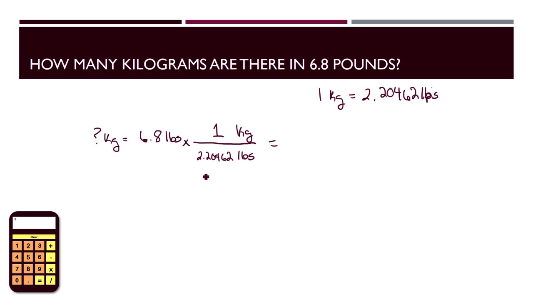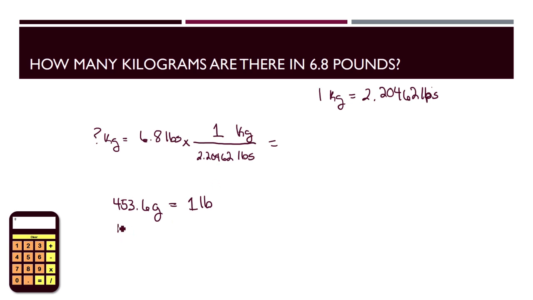Well, let's do it one other way. Let's say we weren't able to find this conversion that allowed us to go directly from pounds to kilograms. Maybe you happen to know some other conversion factors. I happen to know one that says that there are 453.6 grams in 1 pound.